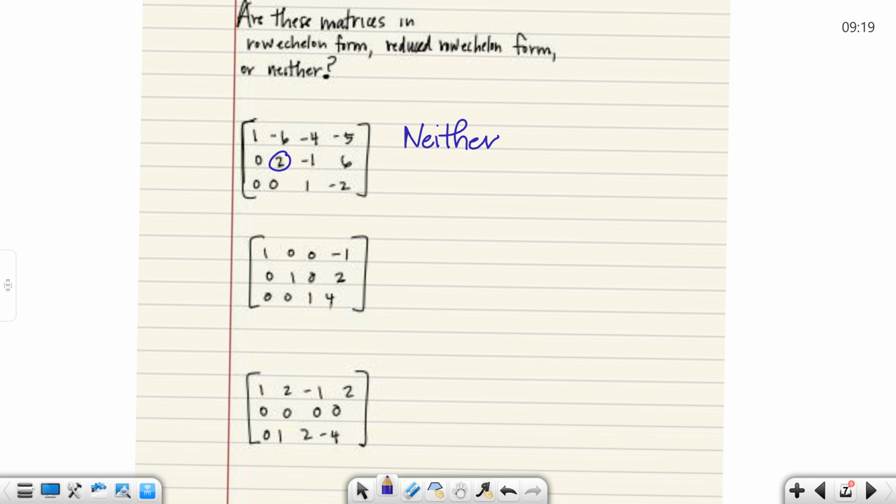I'm also going to jump to the bottom because it's easier to explain. This one is also neither. What's wrong with it? It has a whole line of zeros. And if it has a solid row of zeros, they must be at the bottom.